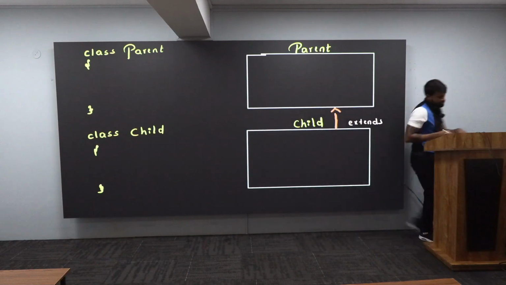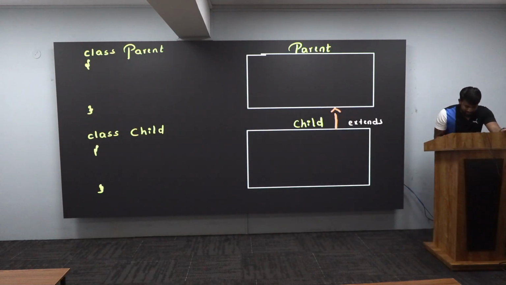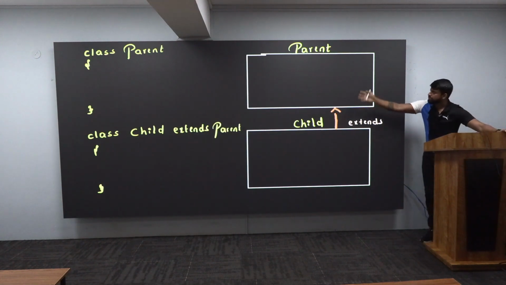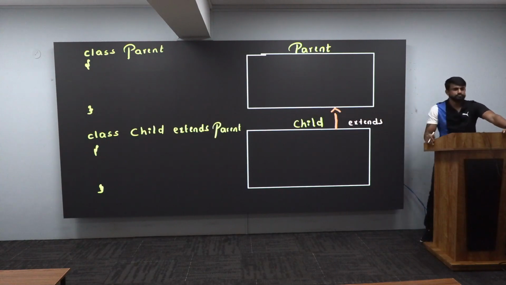This is class child and it is extending. How will it extend, sir? It will say extends. Extends what? Parent. Getting this one. Okay. Using extends, you can get all of the code from parent to child.